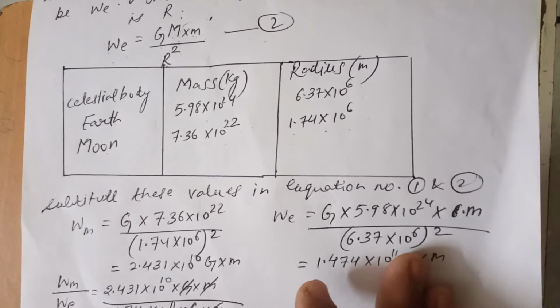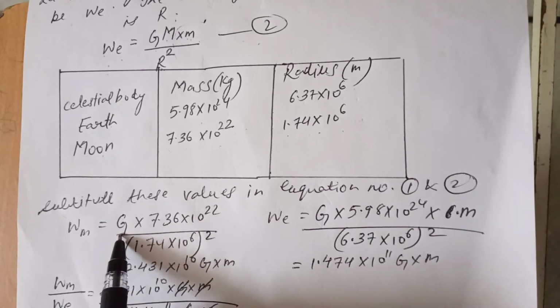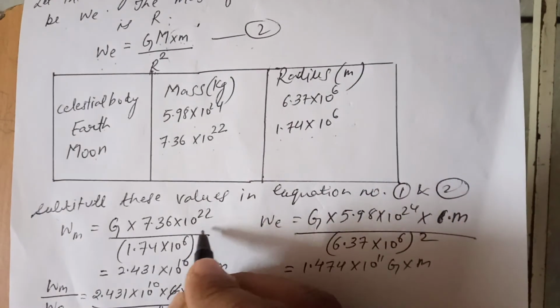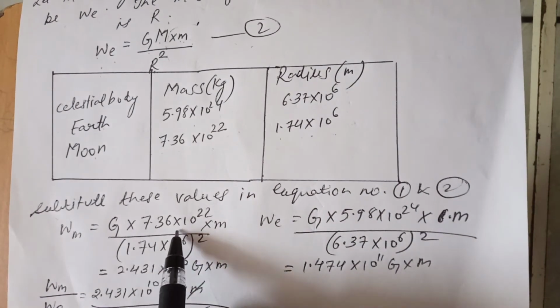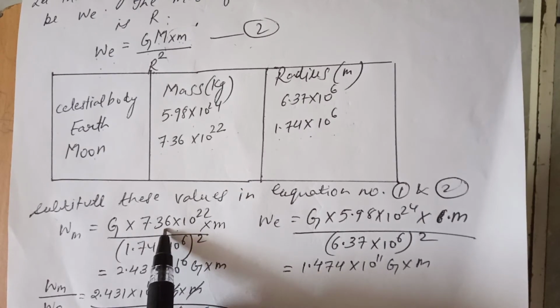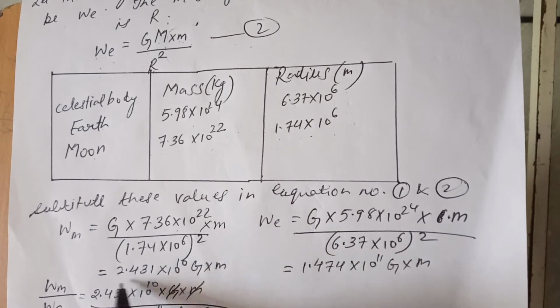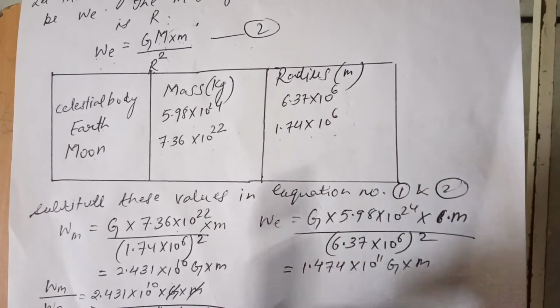Now you have to substitute these values in equations number 1 and 2. Equation number 1 was Wm equal to G Mm into m upon Rm square. We write G as it is and m as it is. We only substitute the mass of the moon, 7.36 into 10 to the power 22, and the radius of the moon, 1.74 into 10 to the power 6, squared.